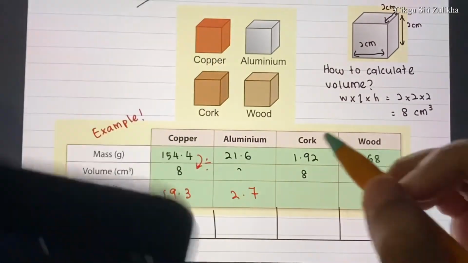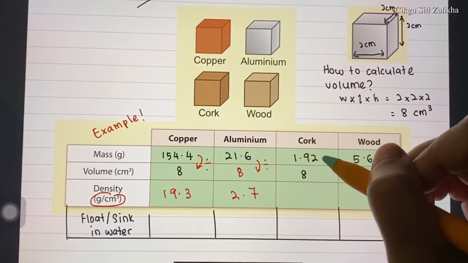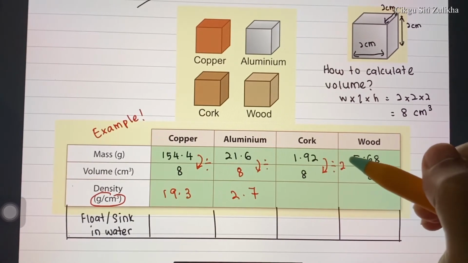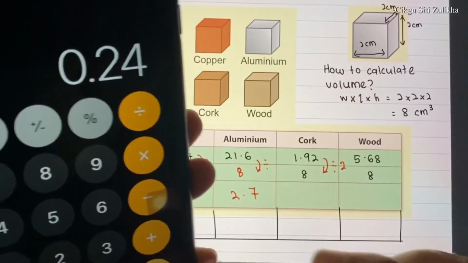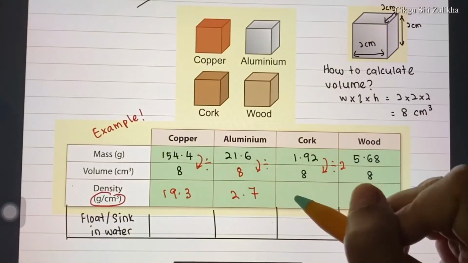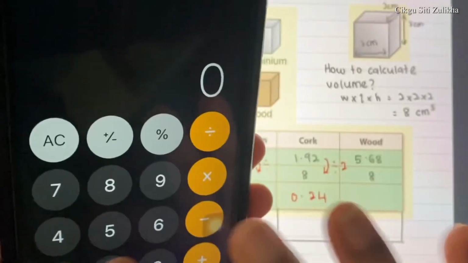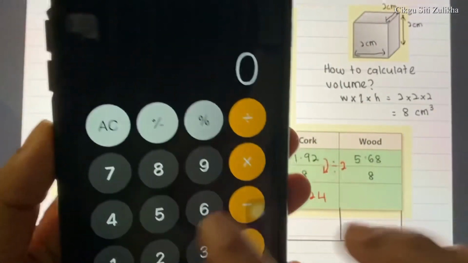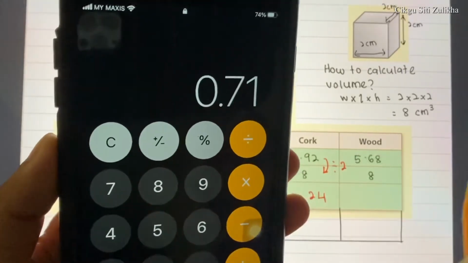Okay. Bahagi. And then 1.92 divide by 8. Kita dapat 0.24. And then for wood, 5.68 divide by 8. Kita dapat 0.71.